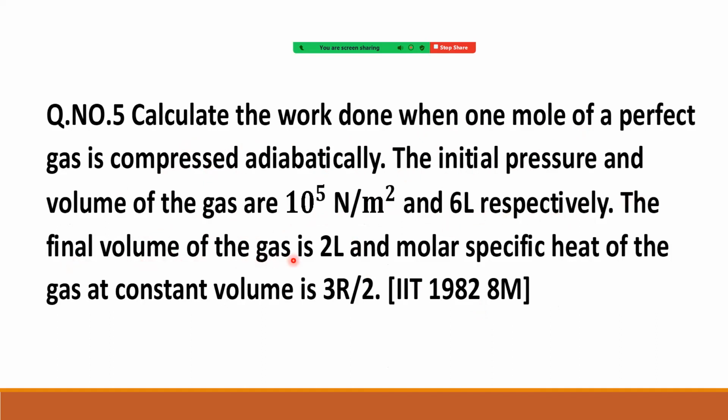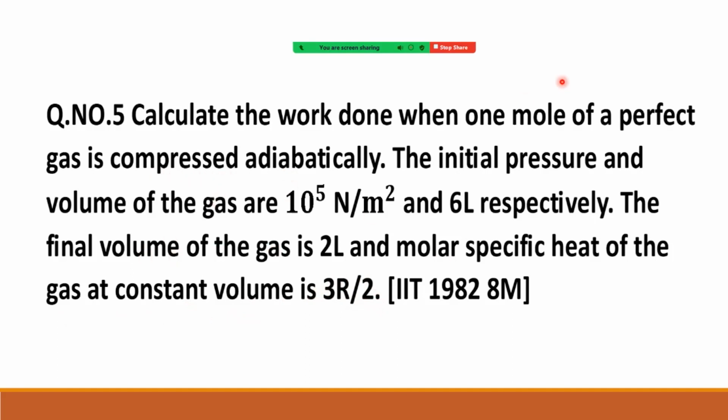The final volume of the gas is 2 liter and the molar specific heat of the gas at constant volume is 3R by 2. At constant volume 3R by 2, its meaning is it is a monatomic gas, right? Given adiabatic process, adiabatically compressed.